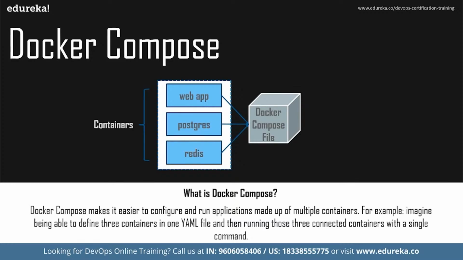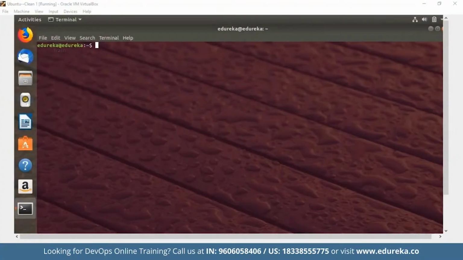So let us again understand this with an example as well. So this is my Ubuntu box. We have to install Docker Compose here, but before that, we have to install our Python pip. So sudo apt-get install python-pip, and here we go. Y for yes.